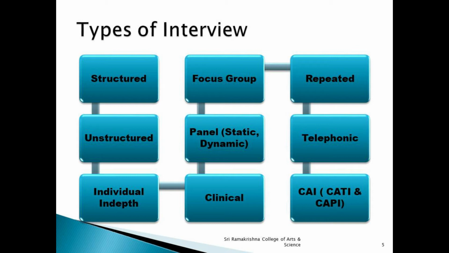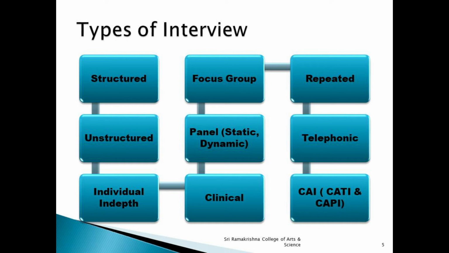It is used for exploratory study, making generalization is possible here, and you can conduct sample surveys. Example, in business: why certain products are not doing well, why certain advertising strategies are effective, why specific management techniques don't work. You are exploring new information. This focus group interview is widely helpful.